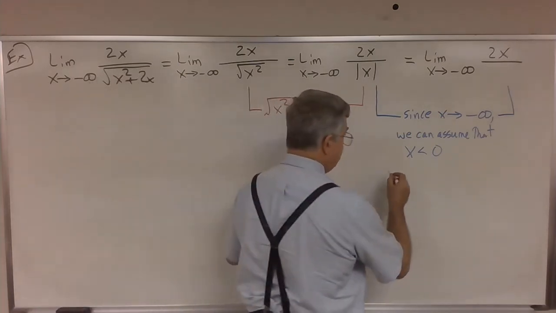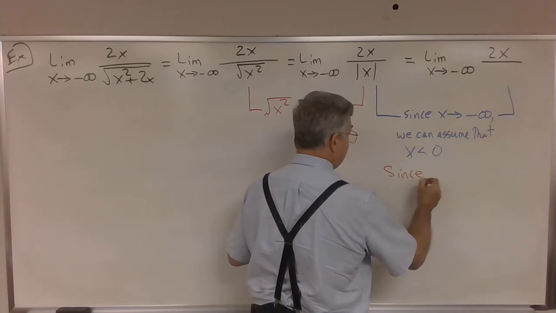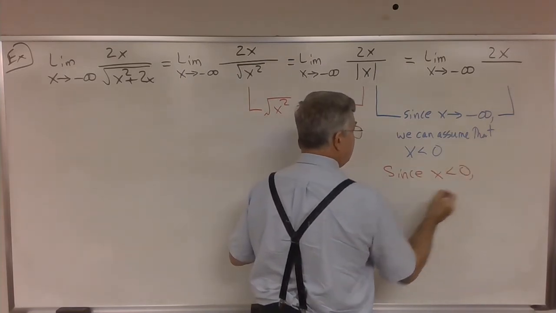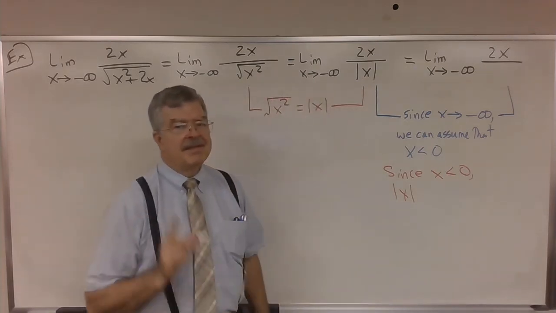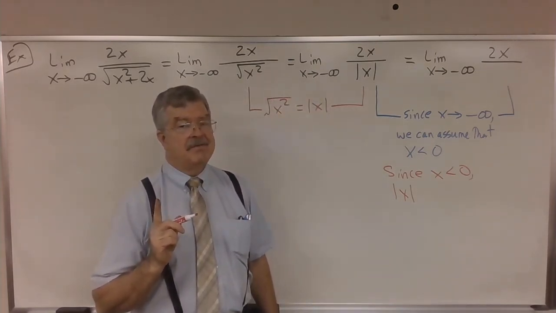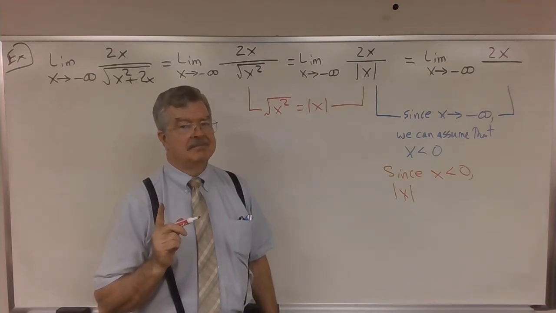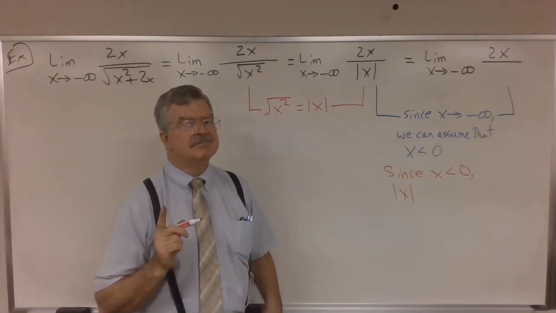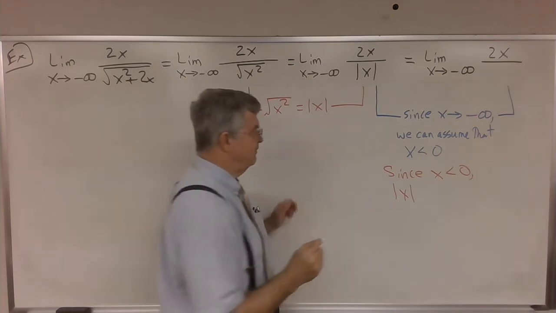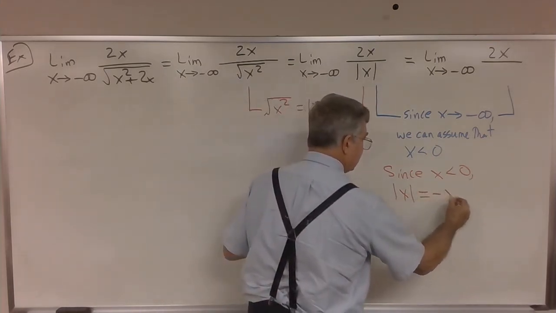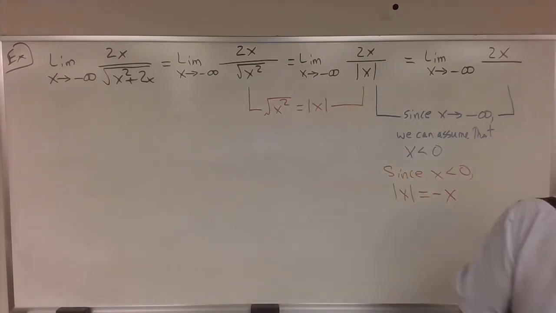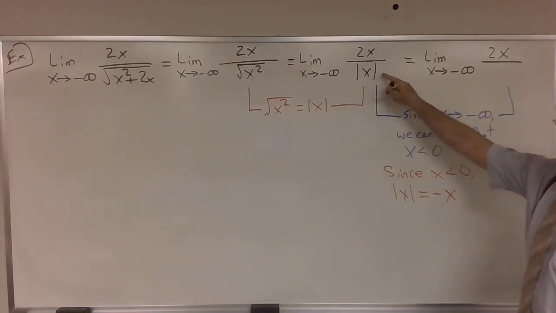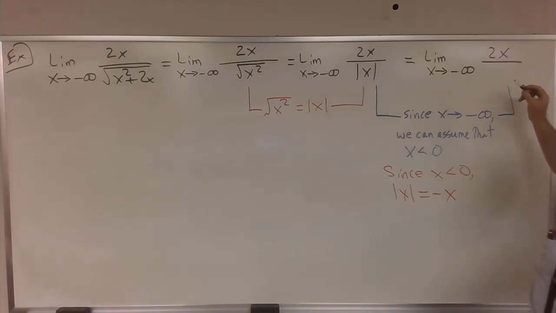And remember, if x is less than 0, the absolute value of x equals what? That's right, negative x. So we replace absolute value of x with its equivalent, negative x.